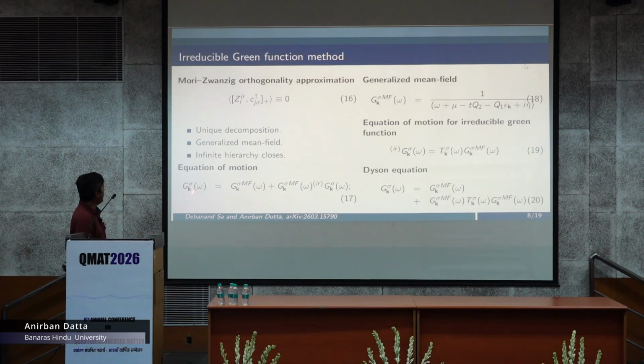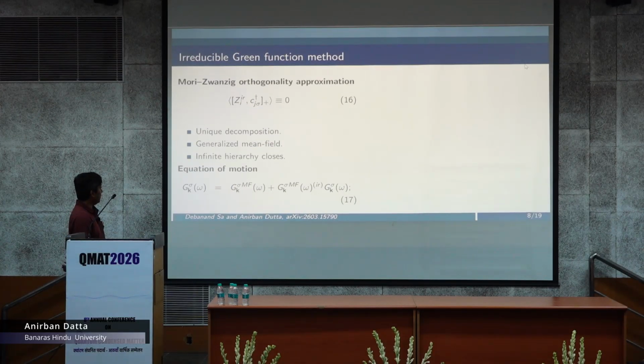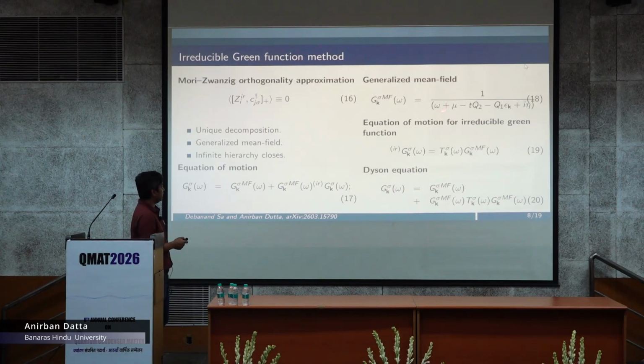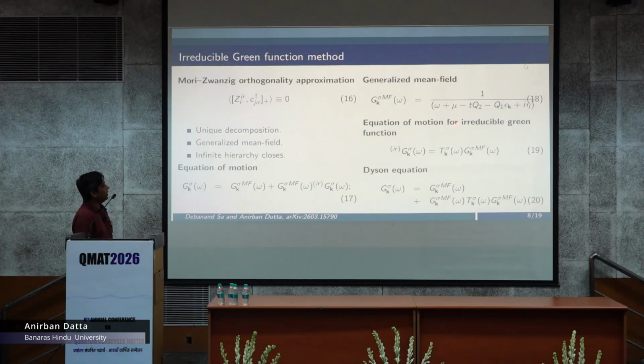The second thing you get, because of this condition, is a generalized mean field. This mean field is like a free fermionic mean field, but it is modified by two mean field values, Q1 and Q2.